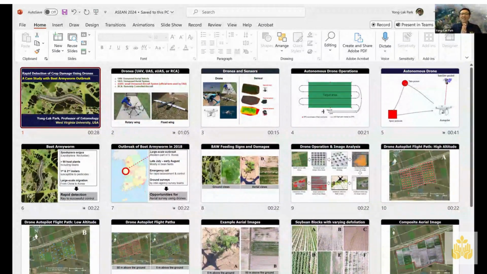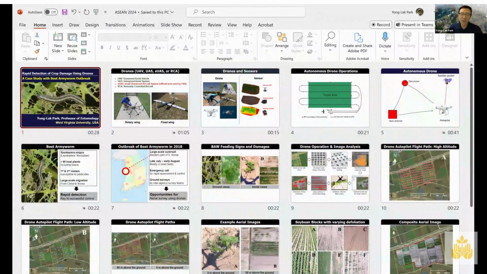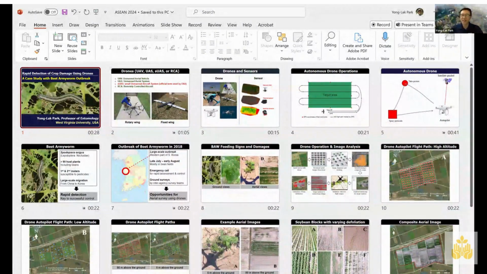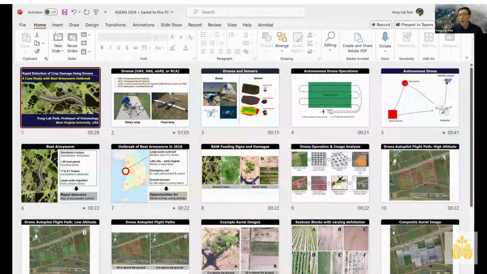In the past, we used airplanes or satellites, which means damage needs to be very severe, otherwise we cannot see from the sky and space. But now with drone technology we can fly extremely low because the drone has anti-collision sensors. You can even go down to 1 meter above the canopy.